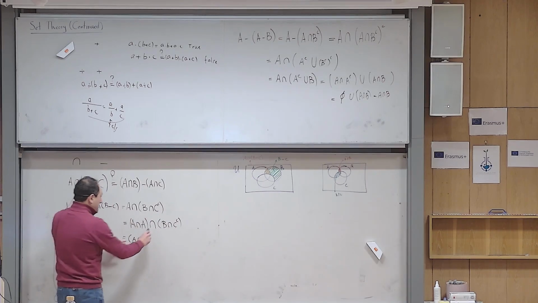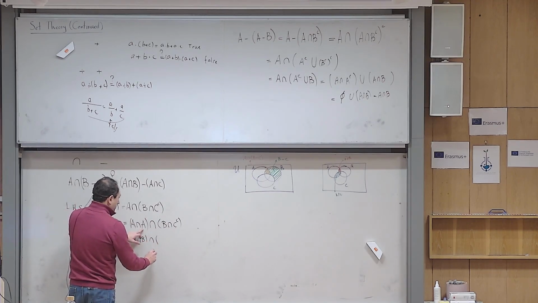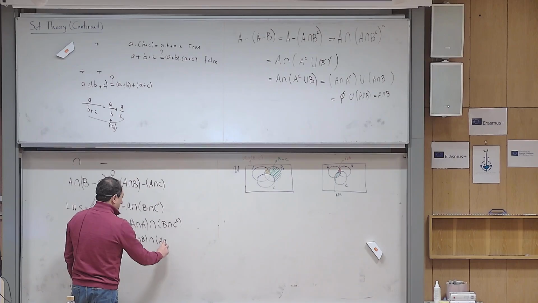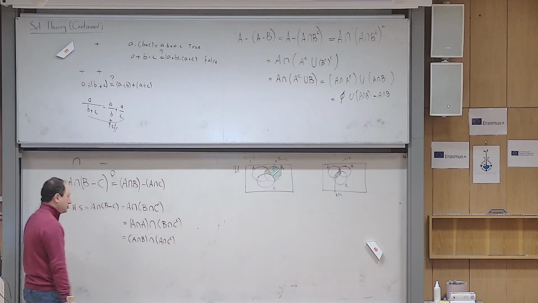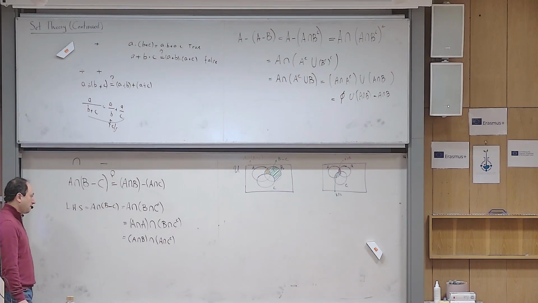Okay? And then I can also write intersection, and I take this A with that one. So take your time to understand that everything is really legal. Yes or no? But it is not going to work. And it's a hard question, actually. So let me see.